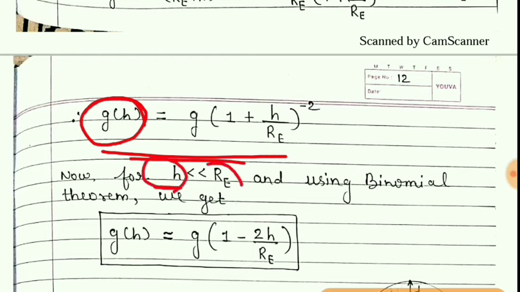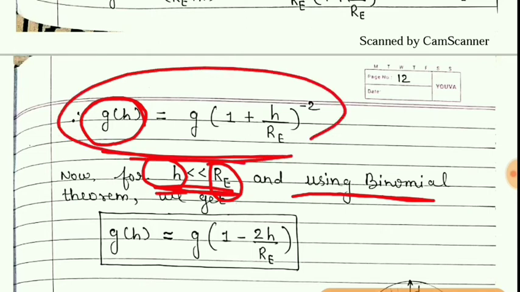which is not much larger than the radius of the earth, in that case, using the binomial theorem, we can write this formula simply as gh is equal to g into 1 minus 2h upon Re.